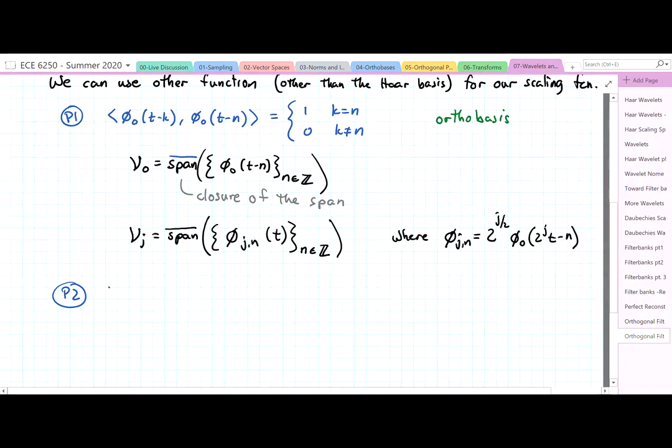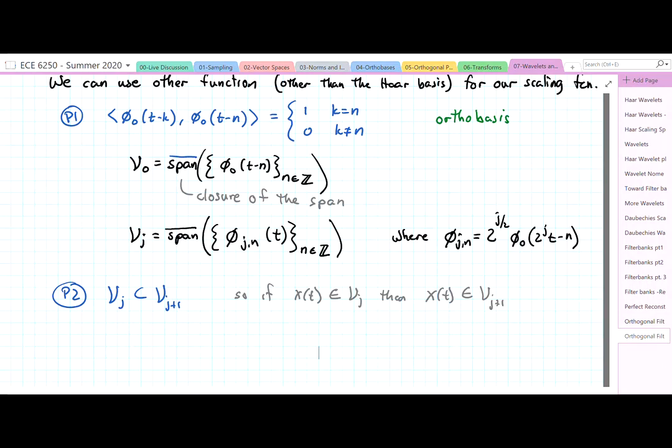So next, we want that Vj has to be a subset of Vj plus 1, which means that if x is in Vj, there's an element of Vj, then x of t is of course an element of Vj plus 1. Okay, so that's the multi-scale approximation that we're concerned with.